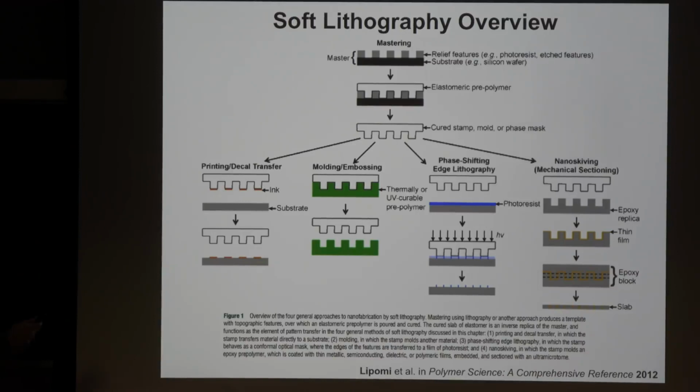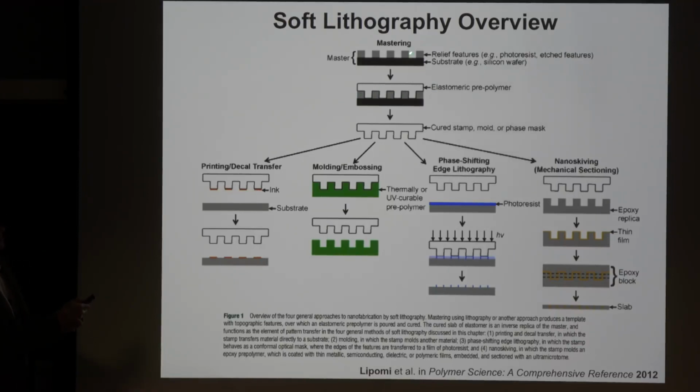Okay, one technique that is the basis of many other techniques of unconventional nanofabrication is soft lithography. The key feature of soft lithography is that the pattern transfer step involves a soft or polymeric stamp.